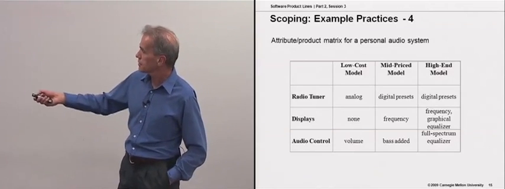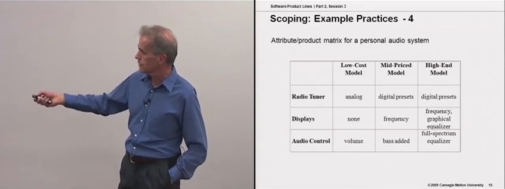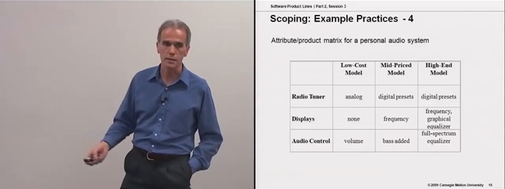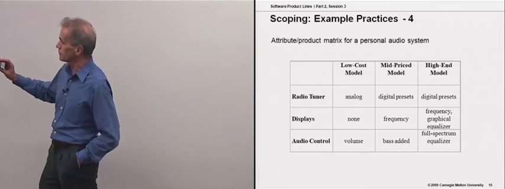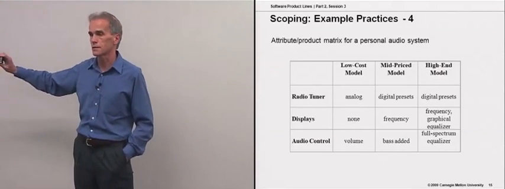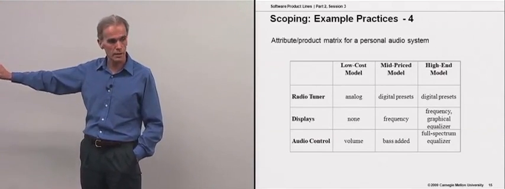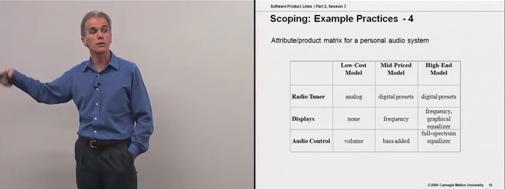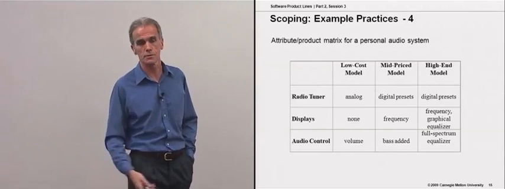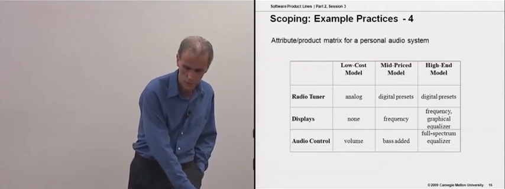And by summing the numerical scores for each column, you can get a quantitative assessment of whether it's better to go after the high-end, high-profit market or the lower-end, lower profit but higher volume market. So it's a way of quantifying your scoping decision.